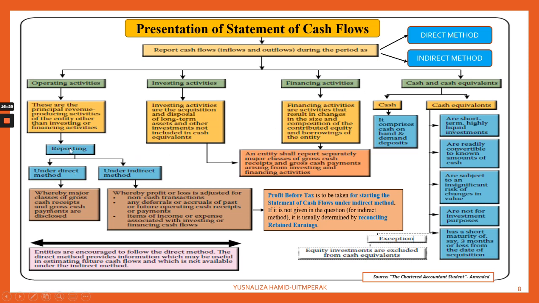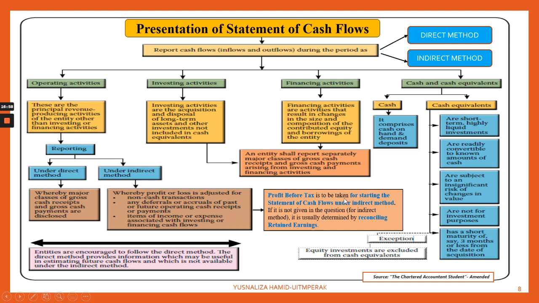What makes it different is the presentation under operating activities, where under the direct method, the starting point is looking at the major gross cash receipts and gross cash payments. And then under the indirect method, the starting point to start off the cash flow is using the profit before tax, adjusting for non-cash transactions and non-operating items.